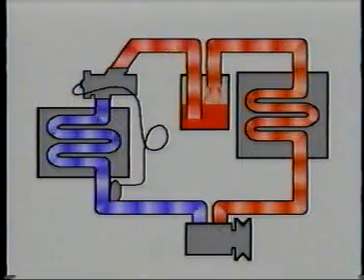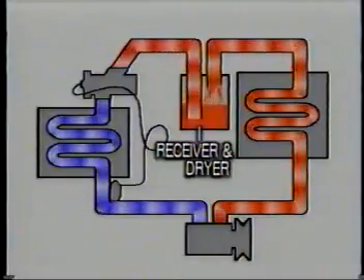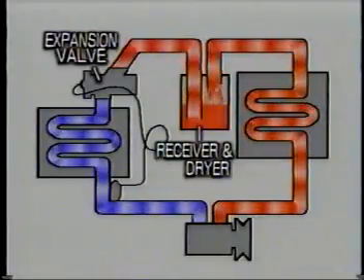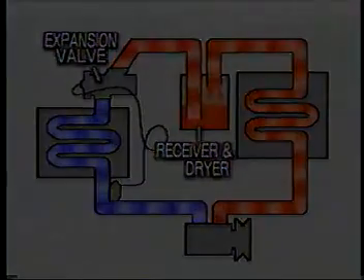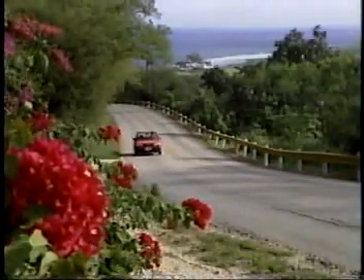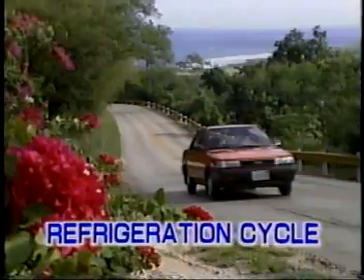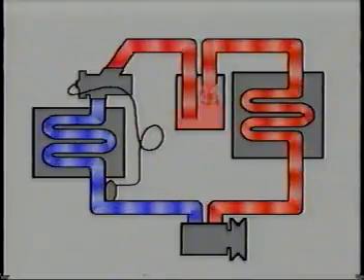An actual car air conditioning system consists of these three components plus the receiver and dryer unit and the expansion valve. Now, based on what we have learned so far, let's see how a refrigerant actually changes into a gas and back into a liquid again.